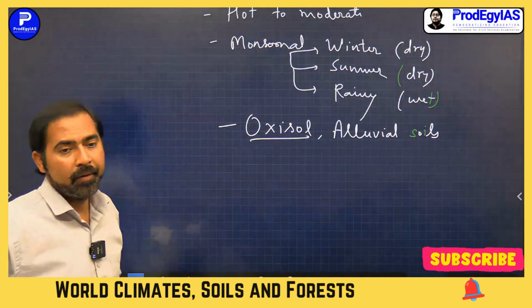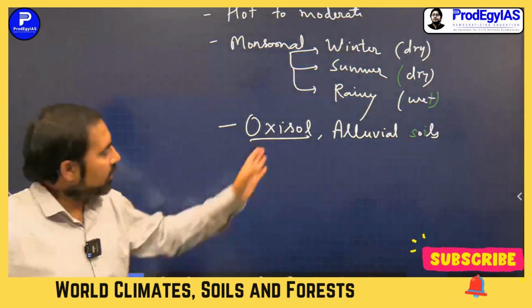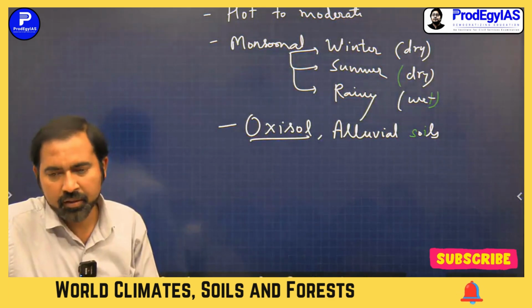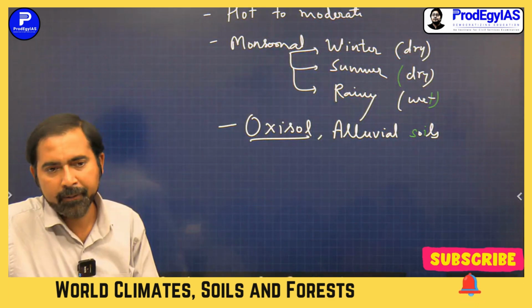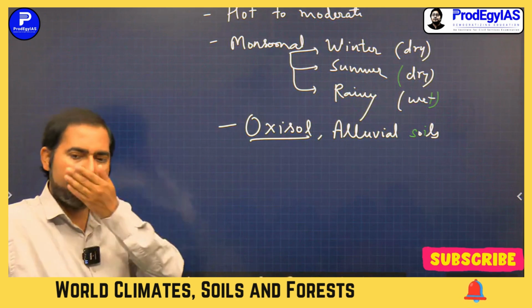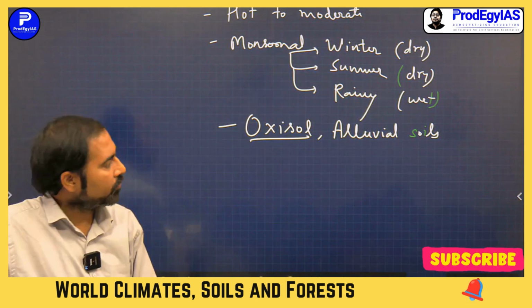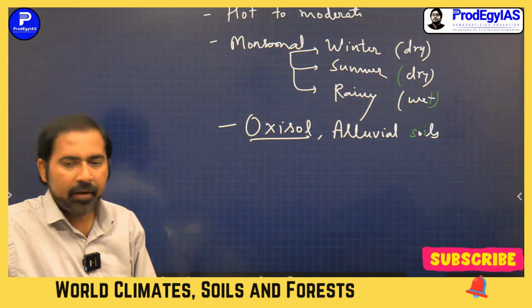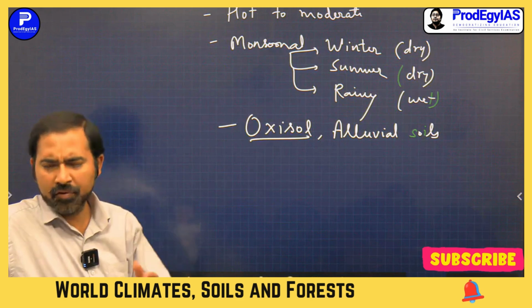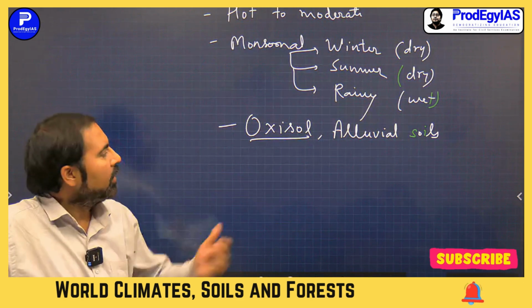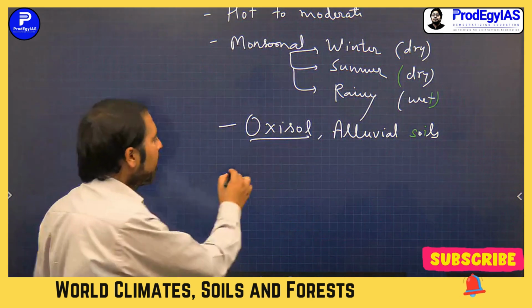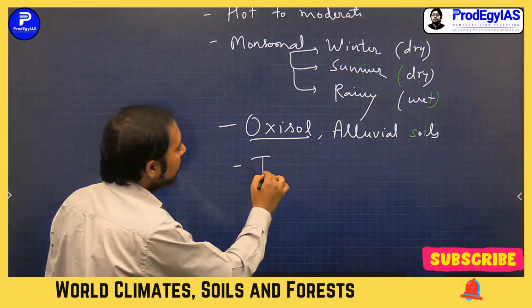Oxisols are rich in iron oxides, like red soils, right? And alluvial soils, and all the soils found in India. You can note down there. So soils are like that, and the forest type is tropical.